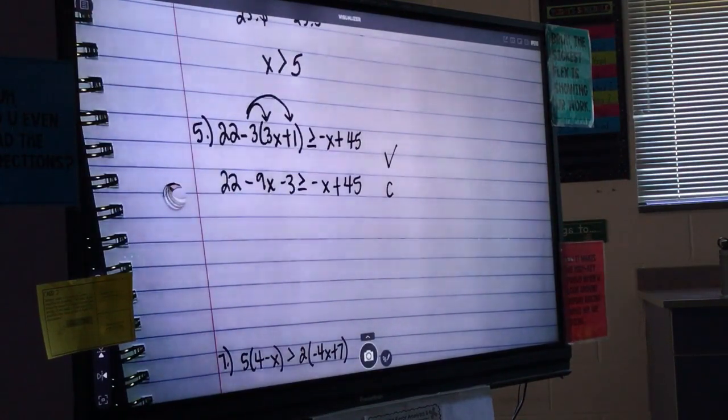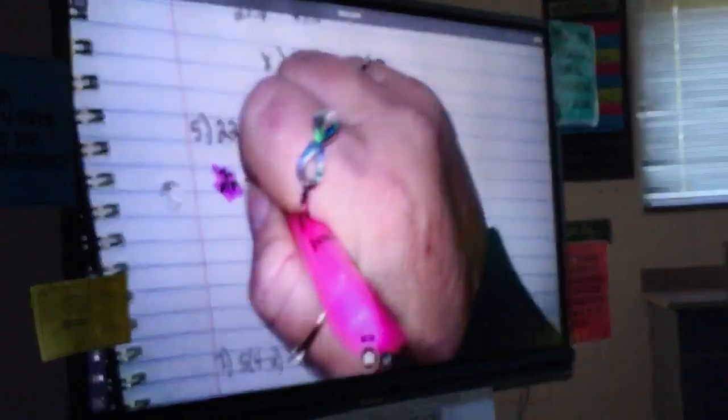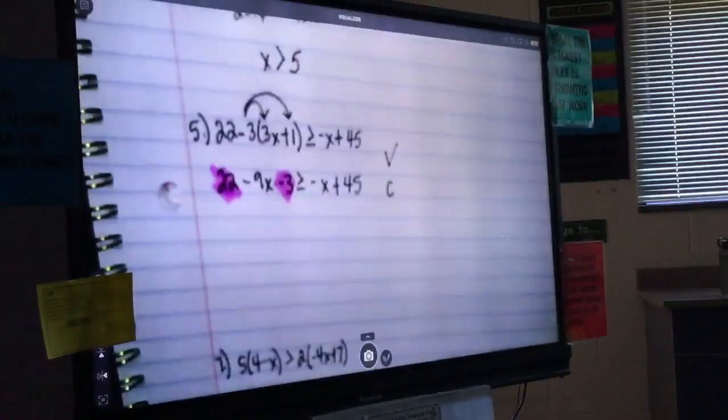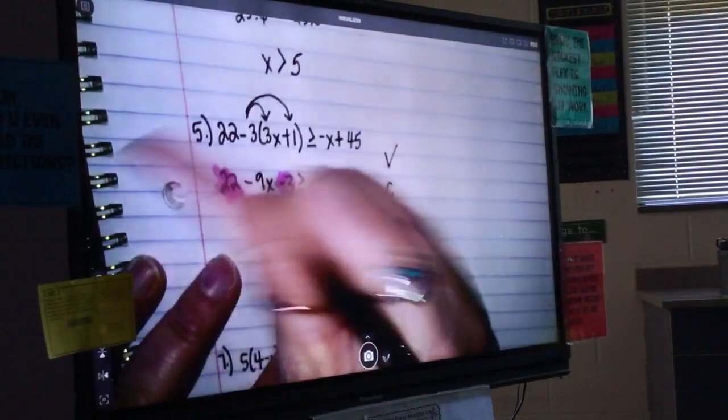I have a question. Before you can do your constants and variables, do you have to do something else? Ariana? Yes. So technically, this term and this term are what? They're like terms. So you're ultimately combining those two first.